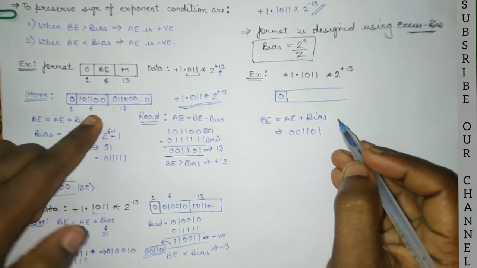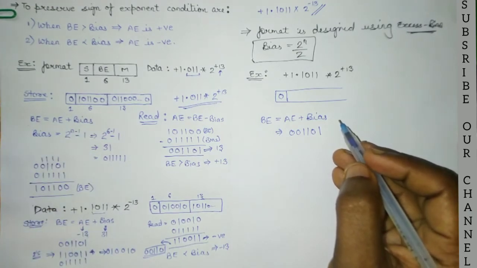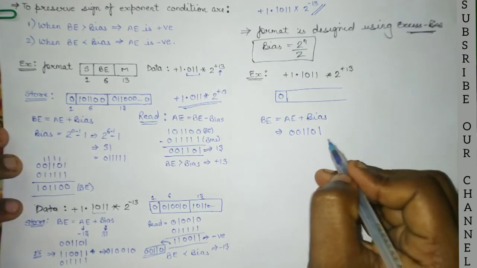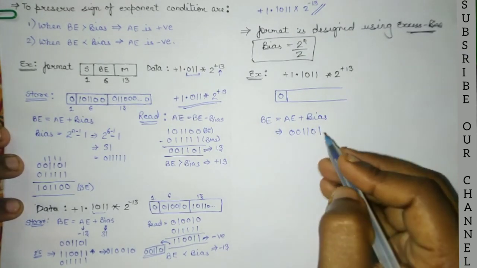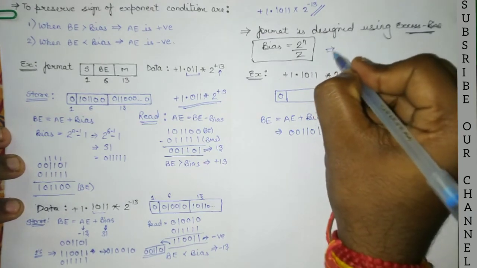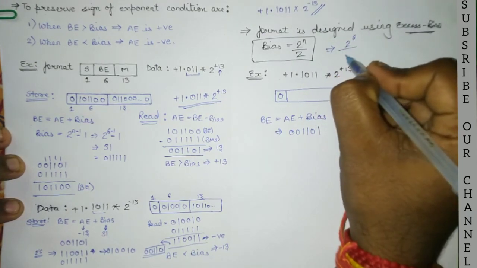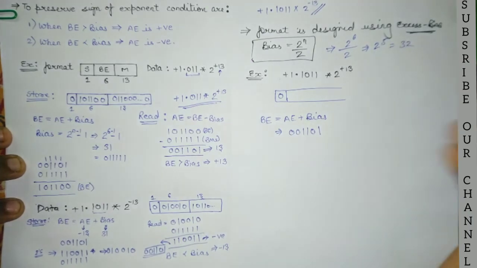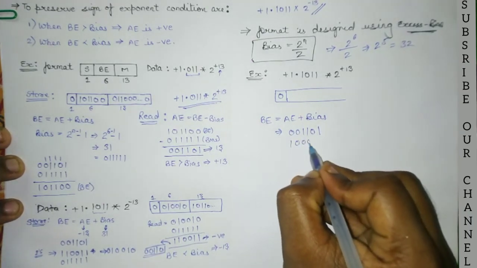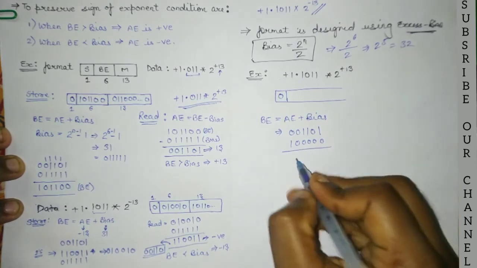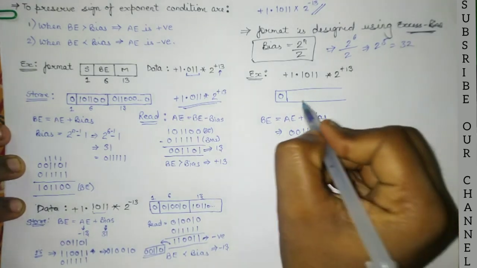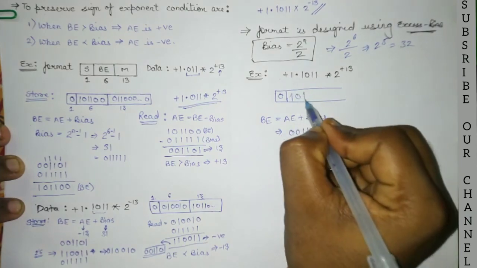That means 2 to the power 6 divided by 2, which is 2 to the power 5, which is equal to 32. And 32 can be written as 100000. Adding these values gives 101101. So this is the BE which will be stored here, 101101.